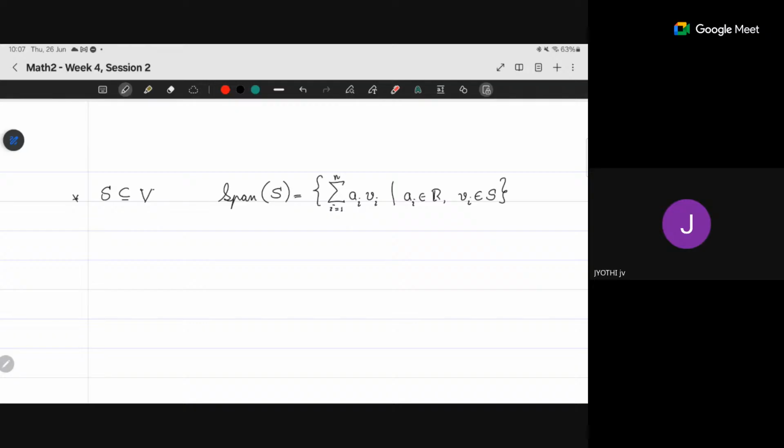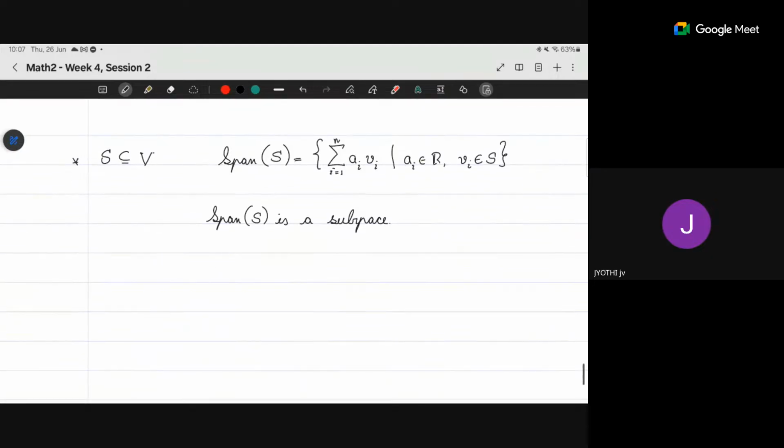S itself could be infinite, but you have to choose all possible finite linear combinations. Now, span S is a subspace. You have to verify that the sum of 2 linear combinations is again a linear combination, and scalar multiples of linear combinations are linear combinations, both of which are not too difficult to prove. But for now, just take it that span of S is a subspace. So this is what is meant by span of a subset of a vector space.